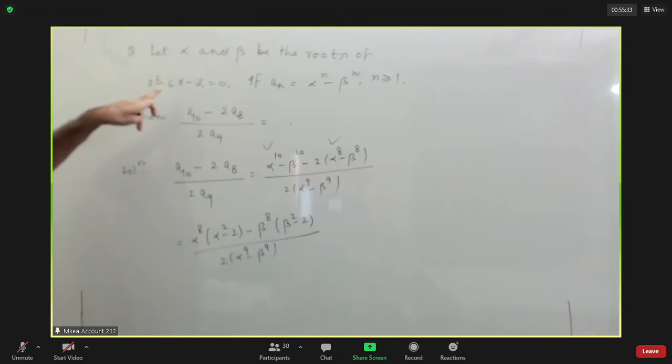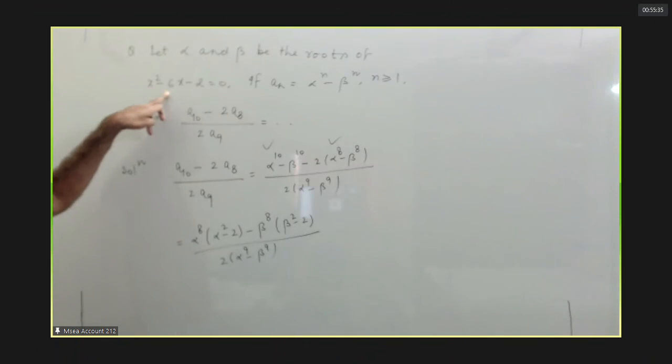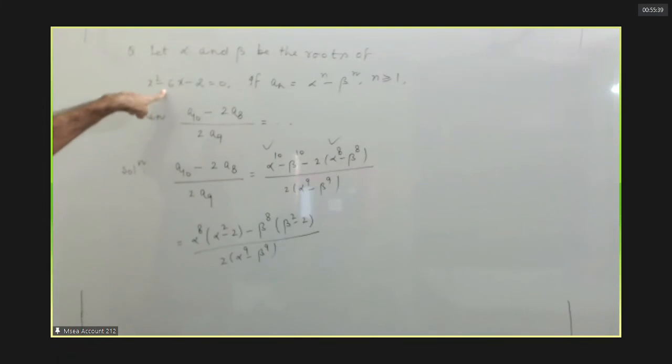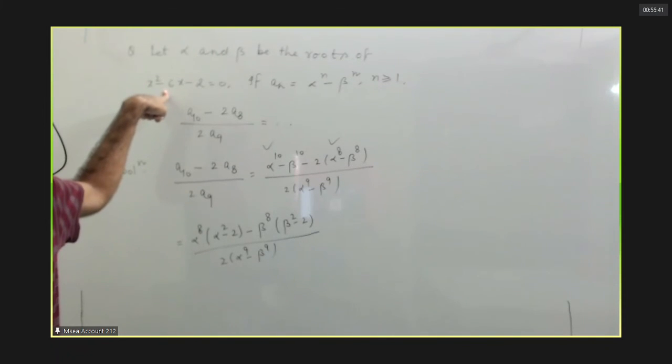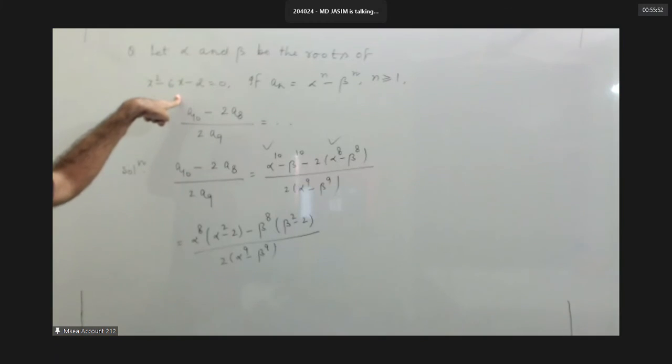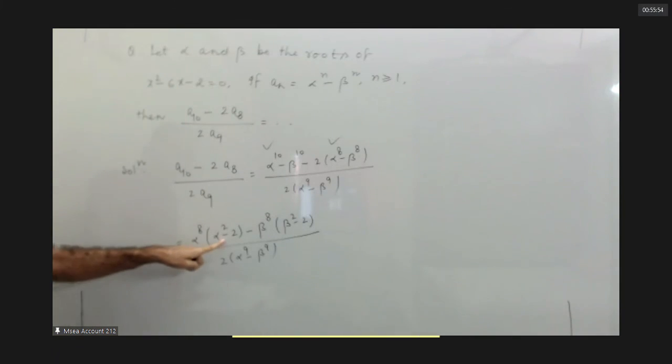Now alpha square minus 2 is how much? If you put alpha here, alpha square minus 2 equals how much? 6 alpha. Just use that.